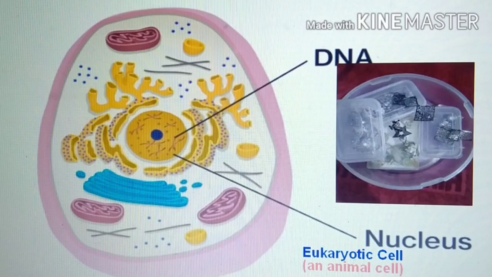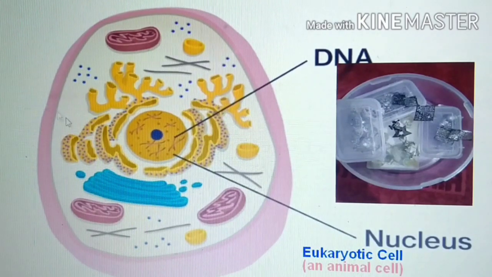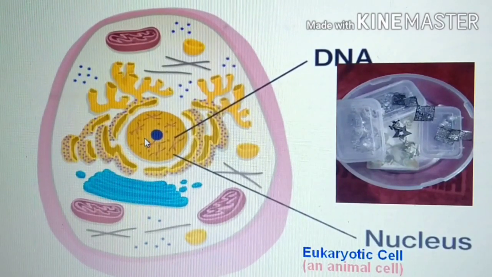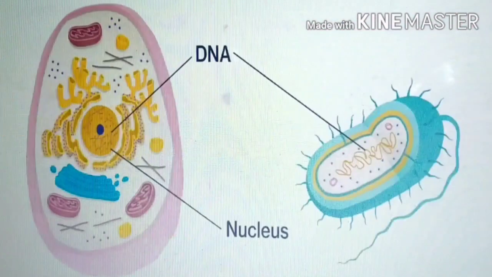These different cell organelles like the mitochondria, the Golgi apparatus, endoplasmic reticulum and the ribosomes perform different functions. So in these cells you can see the difference, the major difference that I told you.